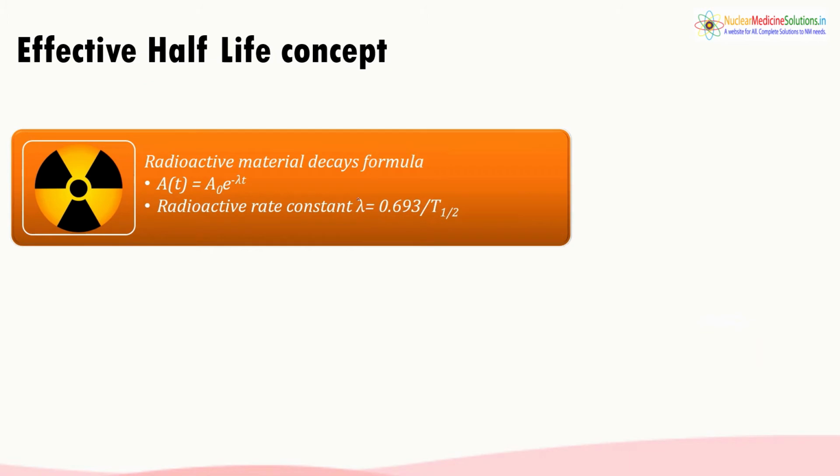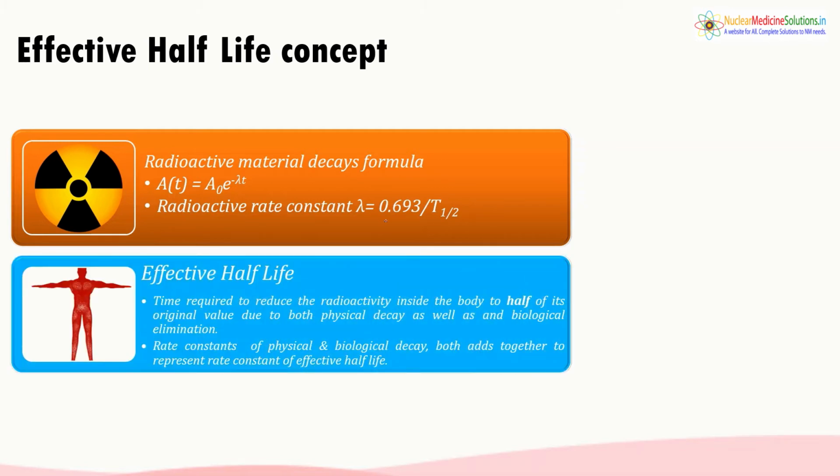To understand the time integrated activity, we need to understand the effective half-life concept. We know the radioactive decay formula A(t) equal to A0 e to the power minus lambda t, where the radioactive rate constant lambda is equal to 0.693 divided by T half.